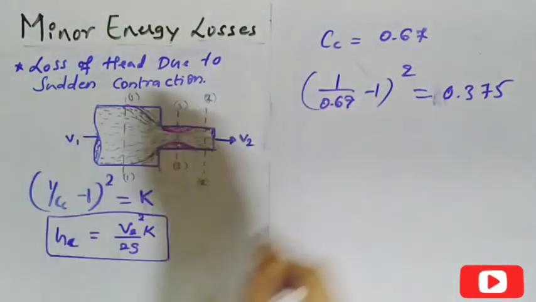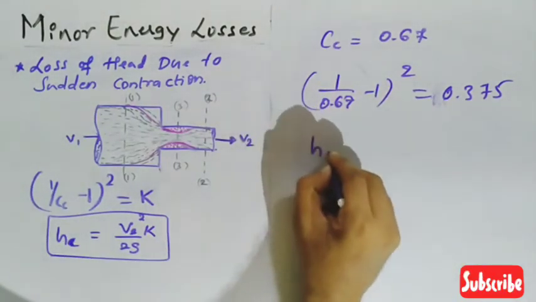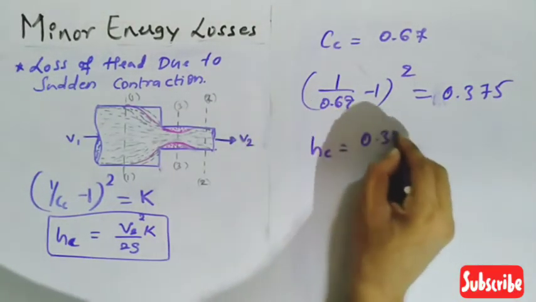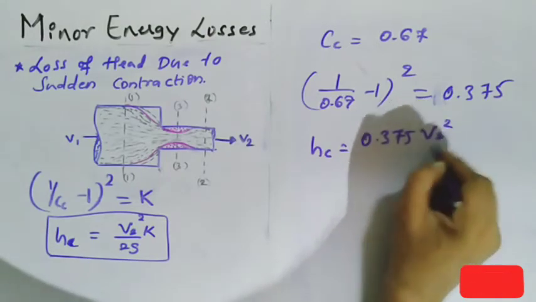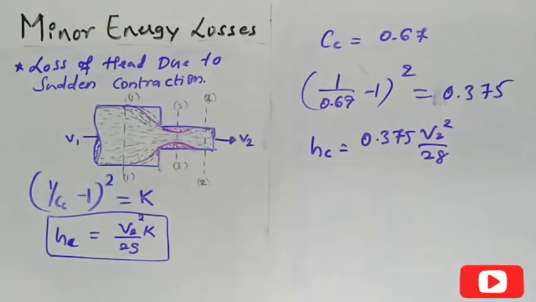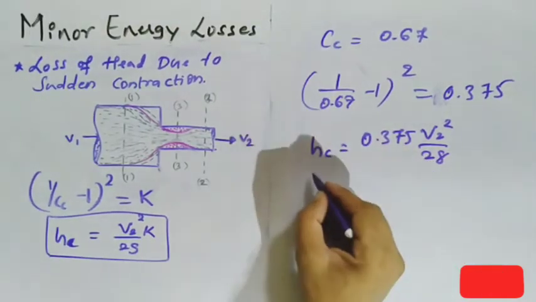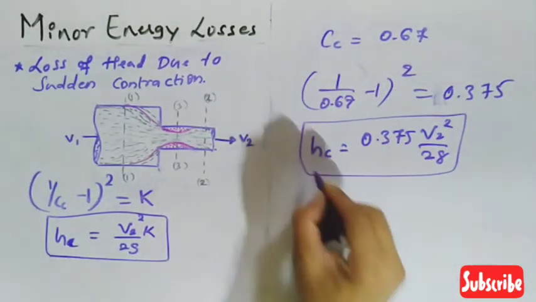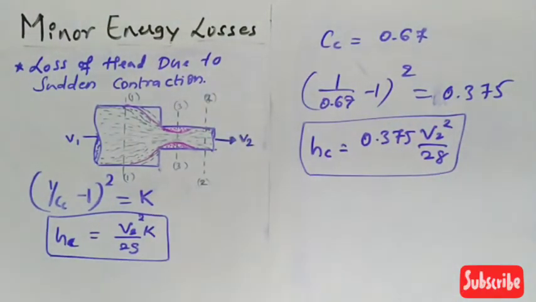So let's substitute this here: HC will be equal to 0.375 V2 square divided by 2g. This is the HC equation when Cc is equal to 0.67.